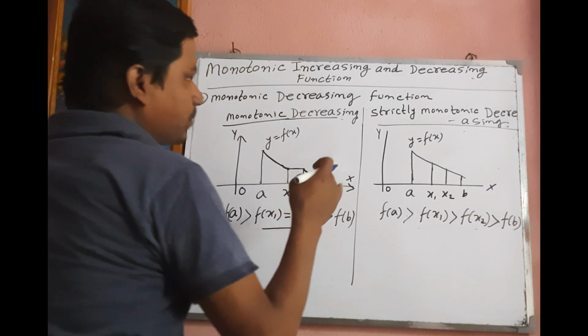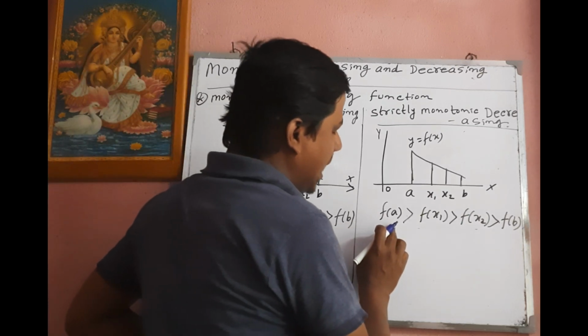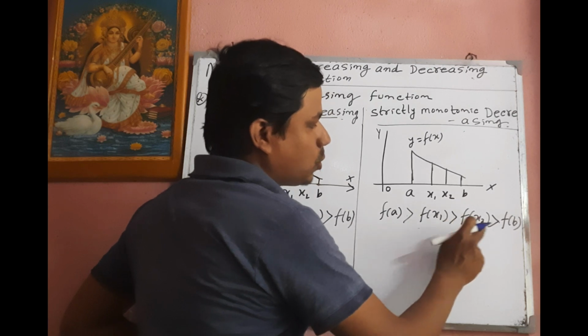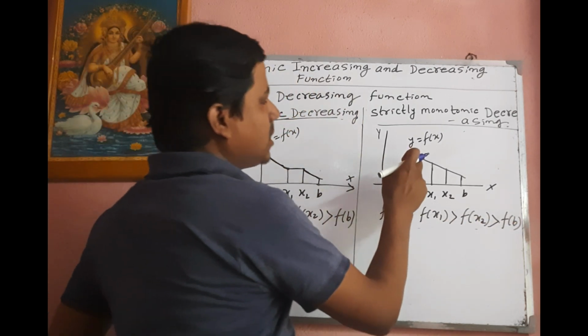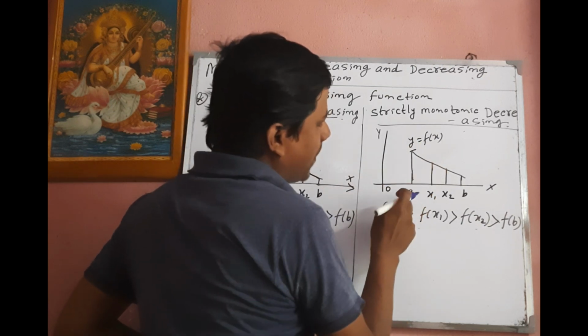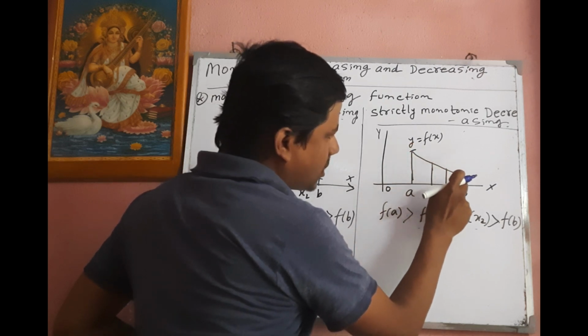And the next section is the strictly monotonic decreasing function. Here f of a is greater than f of x1, greater than f of x2, greater than f of b, and the diagram is this one. Starting from the top at f of a, it is strictly decreasing gradually.